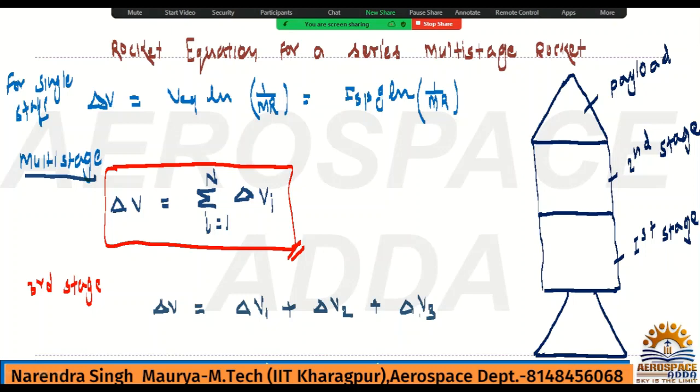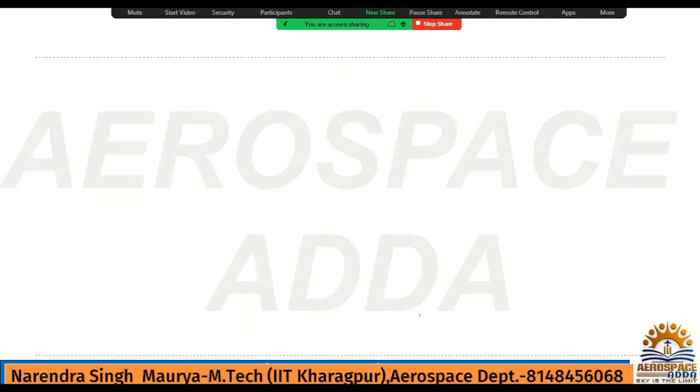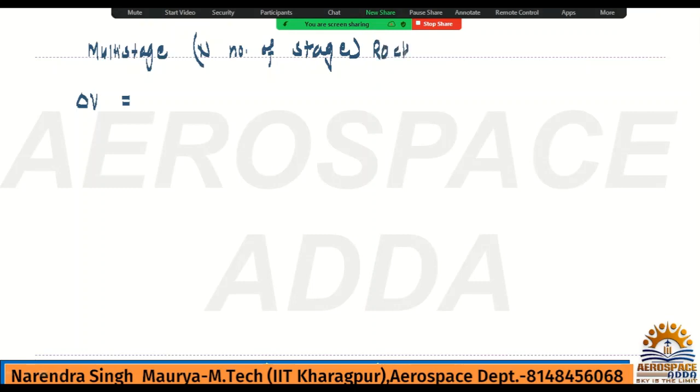Alright, the same formula we can write in our standard format. So for our standard format, I can write delta V is equal to, I am talking about multi-stage rocket with n number of stages, right?